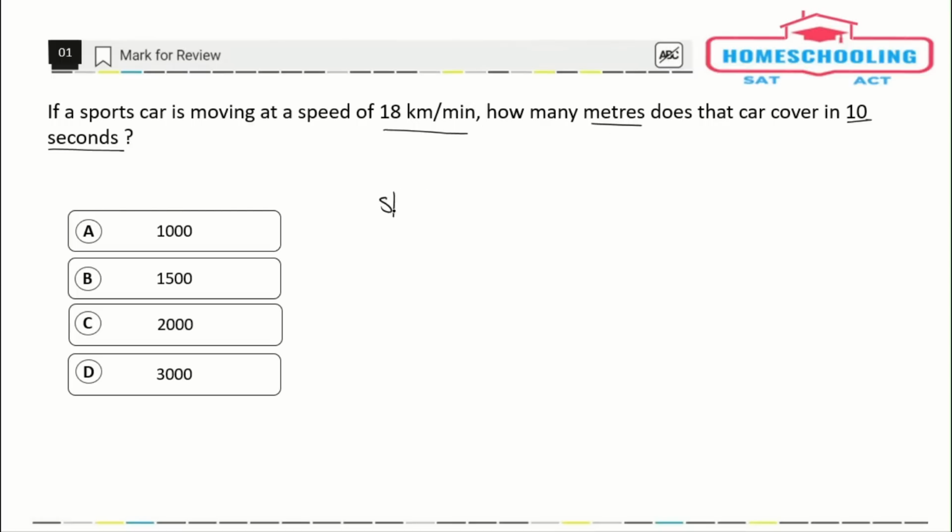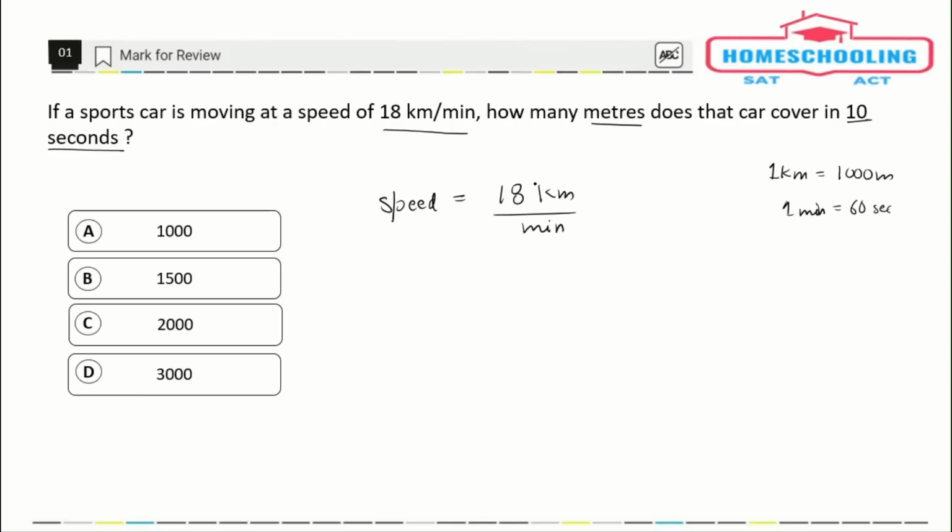So speed is 18 kilometer per minute. As we know, 1 kilometer is equal to 1000 meters, and 1 minute is equal to how many seconds? 60 seconds.